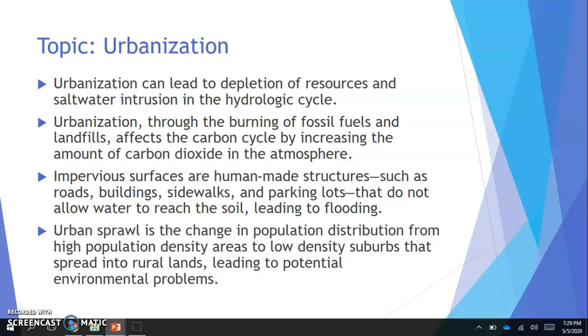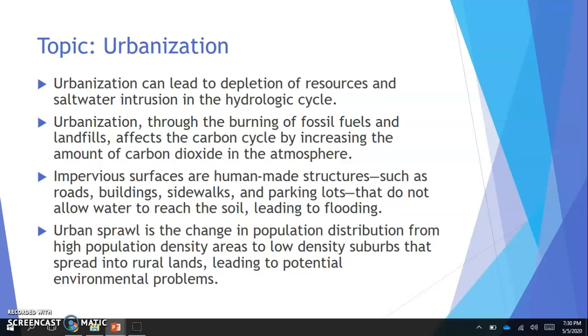So urbanization, remember, urbanization is basically developing land, so making businesses, houses, suburbs, apartment buildings, that kind of stuff. So this can lead to depletion of resources and saltwater intrusion in the hydrologic cycle.